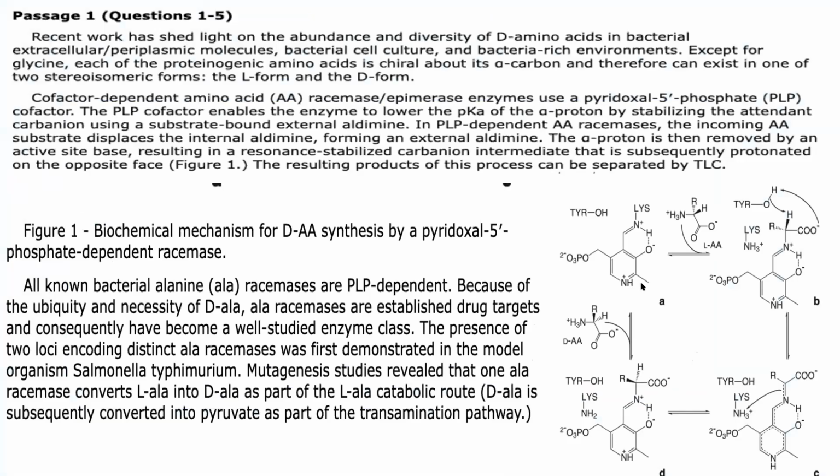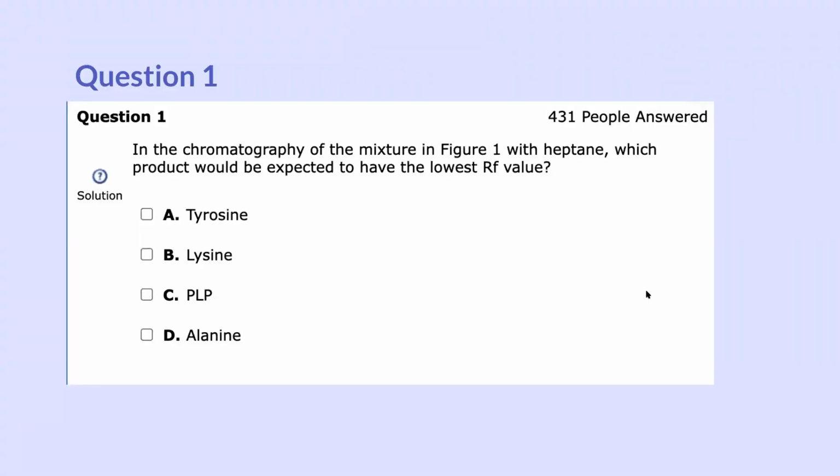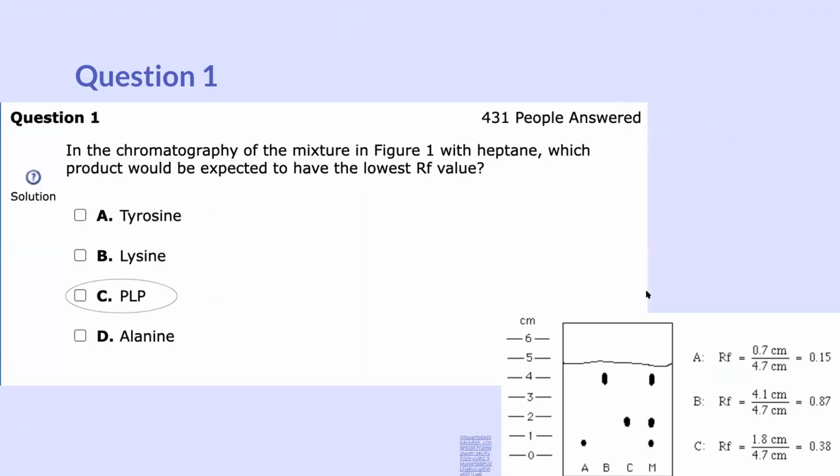So looking at this figure, PLP is this figure right here, and it has nitrogen, oxygen, and phosphate as well. So the RF value is based on polarity, and since PLP has the largest number of polar groups, it would have the lowest RF value. Does that make sense? Okay.